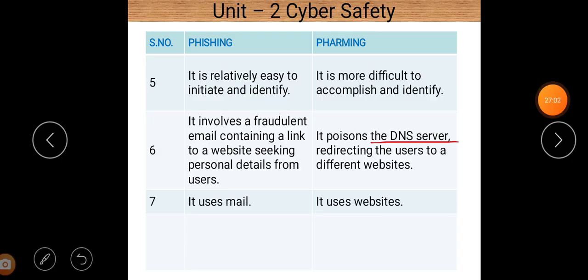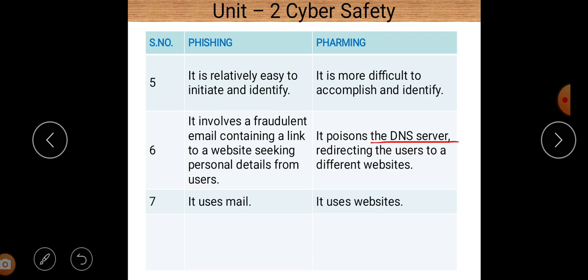Now back to the topic. There are different types of cybercrimes in which phishing and pharming are the most commonly used, but there are some other cybercrimes also. These include unauthorized use and hacking. Second is web hijacking. Third is pornography, and fourth is software piracy.